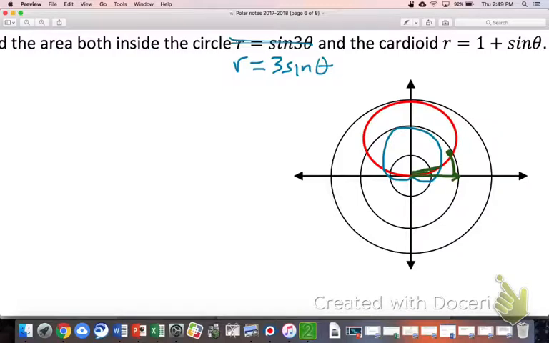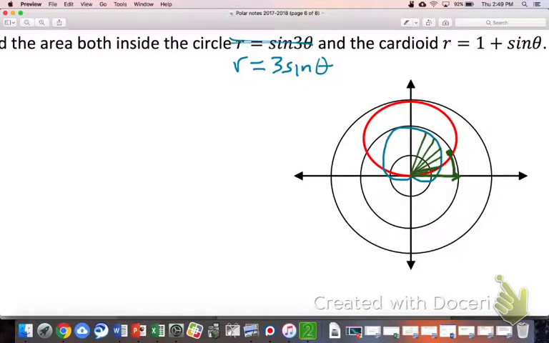We haven't figured out the angles yet other than the 0. So between 0 and whatever that angle is, we're going to be using the circle to determine how long the radius is. Then, once you get to that intersection point and move beyond it, these radial lines are going to be determined by the cardioid.